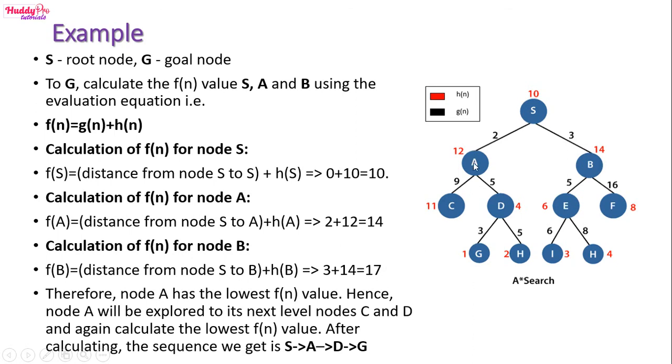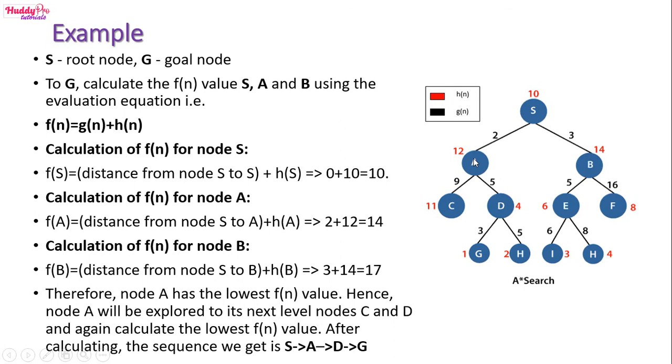When you compare f of A, which we got as 14, and f of B, which is 17, A has the lowest f of n value. Hence, node A will be explored at this level.